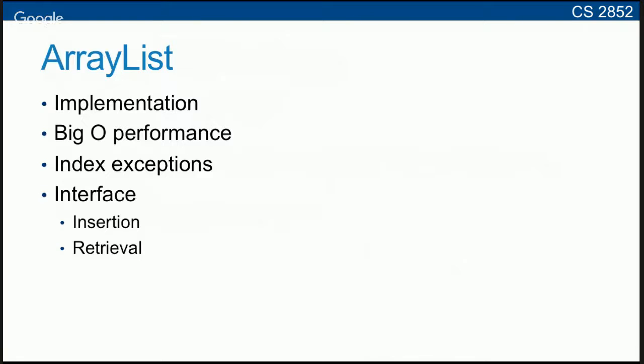Let's go on to the next one. ArrayList is pretty straightforward. One of the things you'll want to know how to do with array lists and linked lists is manipulate subsets of them. We did those in the homework, in quizzes, and you also had to do them in some of the labs.